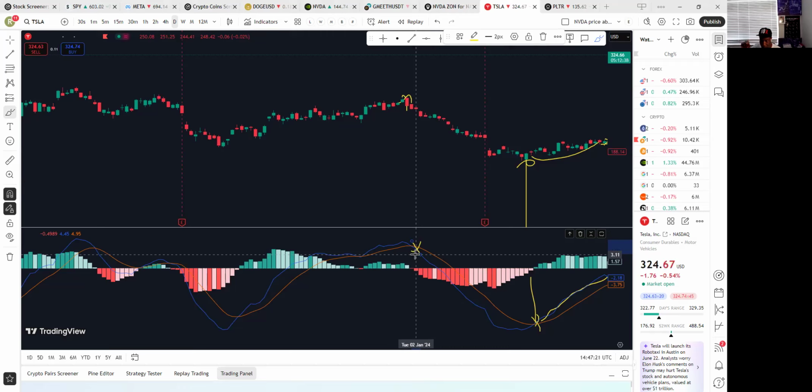So when the signal line crosses above the MACD line, the stock is going down. That's the way. And then you see the signal line, which is the orange line, crossing above, and you see the stock going down here. The orange line is still above the blue line, and the stock is going down here.